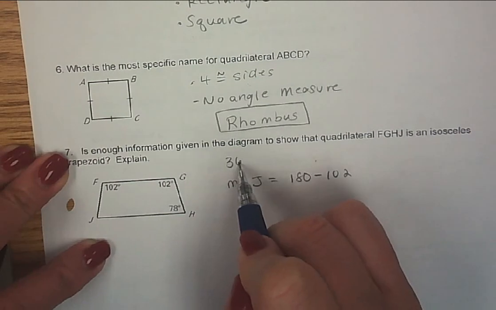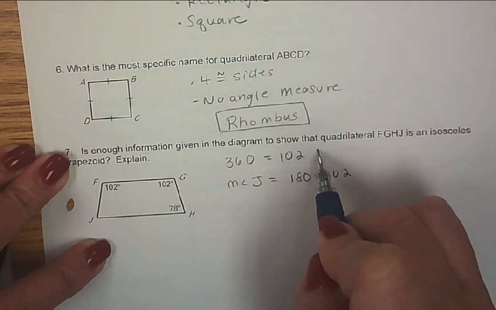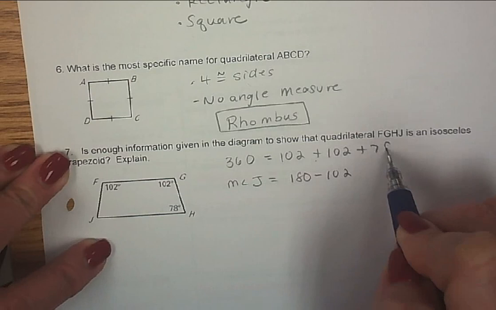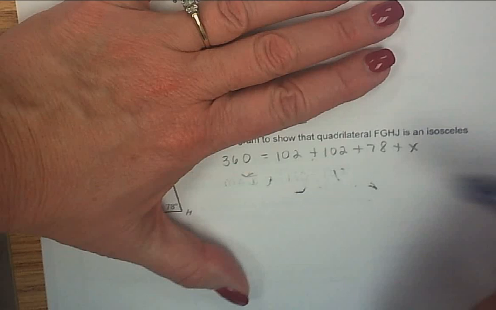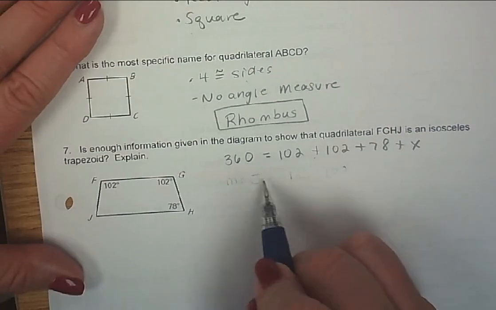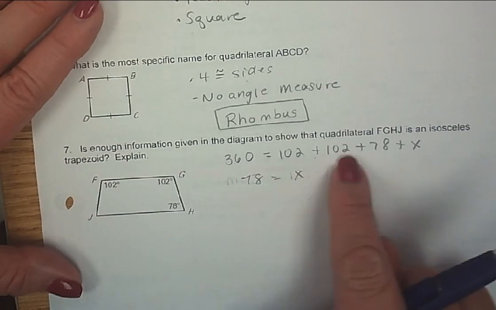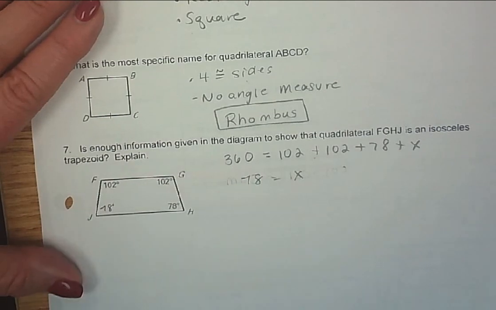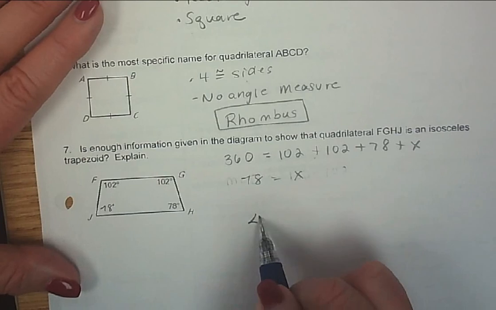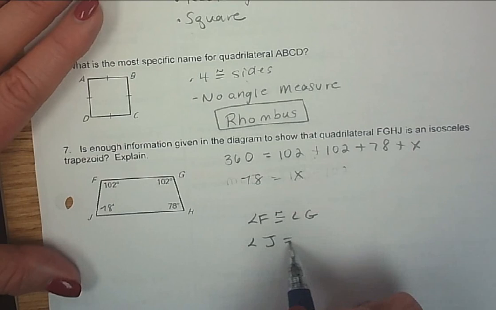So I'm going to start with it being just a quadrilateral, so it's going to be 78 degrees. Now I know that angle F is congruent to angle G. I know now that angle G is congruent to angle H, which then forces FJ to be congruent to GH. So yes, by theorem 815, it's an isosceles trapezoid.